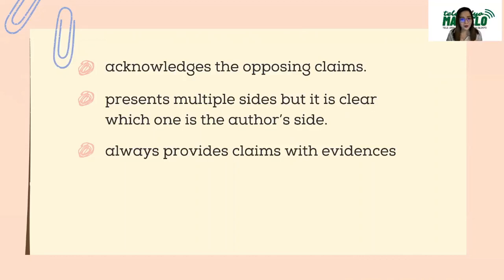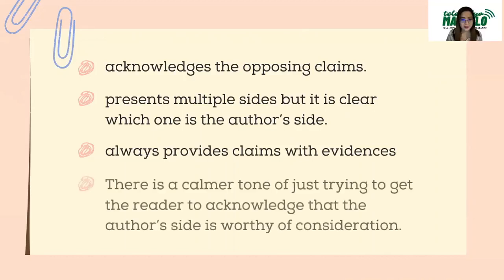So there are always evidences. And there is a calmer tone because we are just trying to make our reader agree or acknowledge our side. So that is argumentative text.